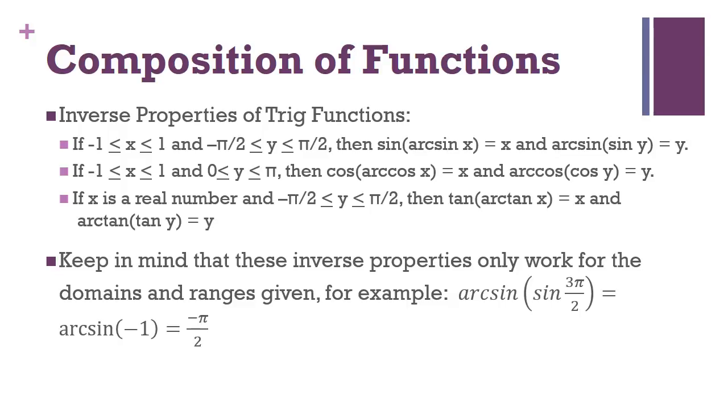Well, no, because 3π/2 is not in the restricted domain. The sine of 3π/2 is -1, but the arc sine of that is -π/2. So it's got to be an answer that's within the restricted range for angles.